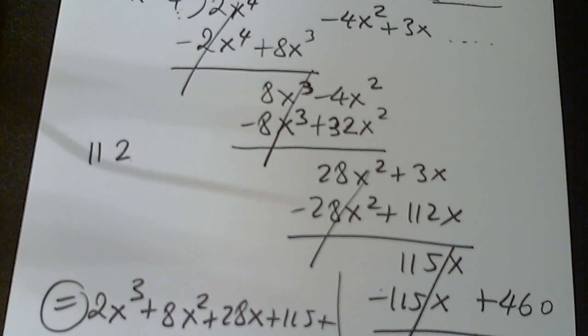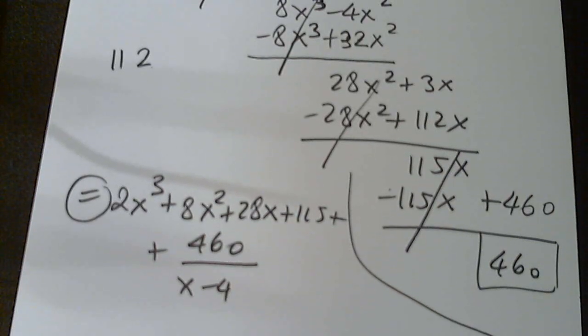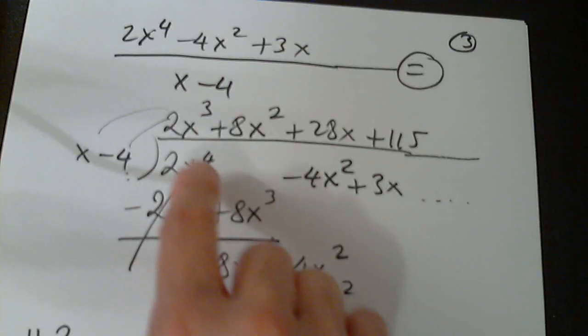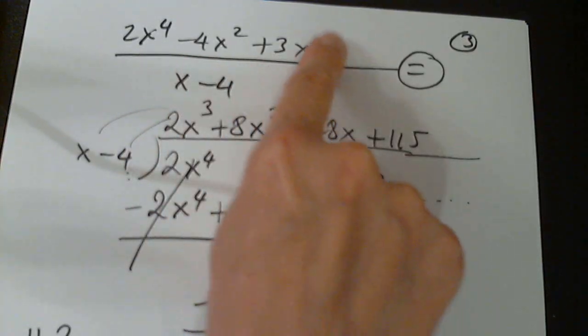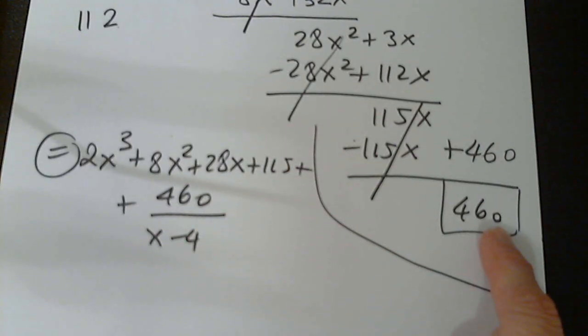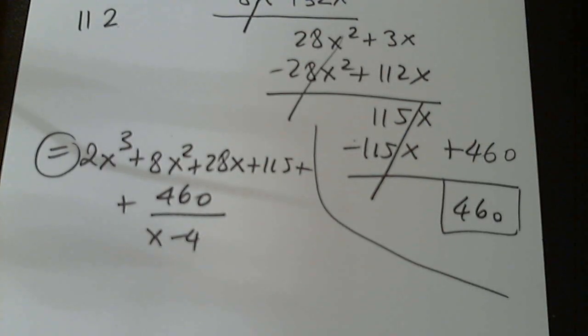I entered x squared instead of x cubed. So I don't have to check anything. I checked using the remainder theorem, meaning in the original numerator, I plugged in 4. And I got 460. So I know the rest is correct.